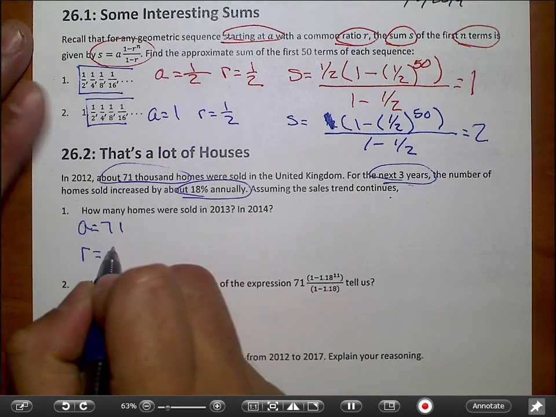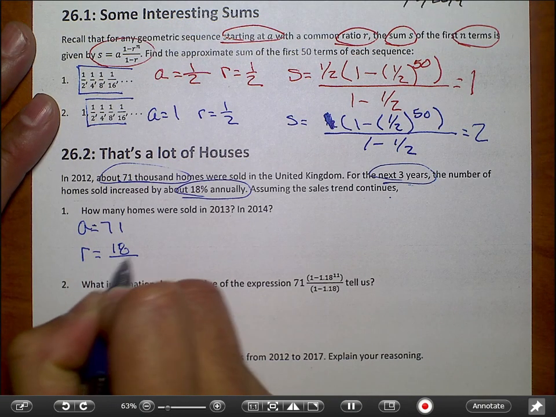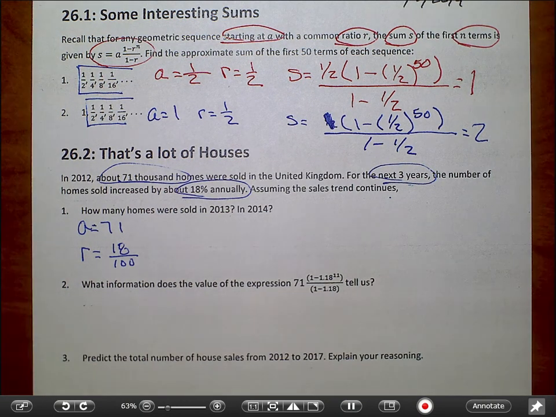Remember, percent means out of 100. If it's 18%, as a fraction it would be 18 out of 100. So 18 over 100.